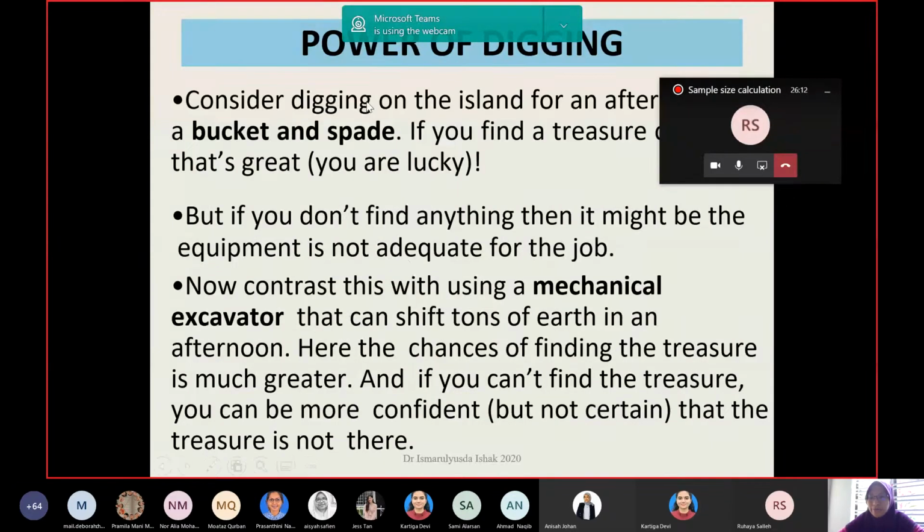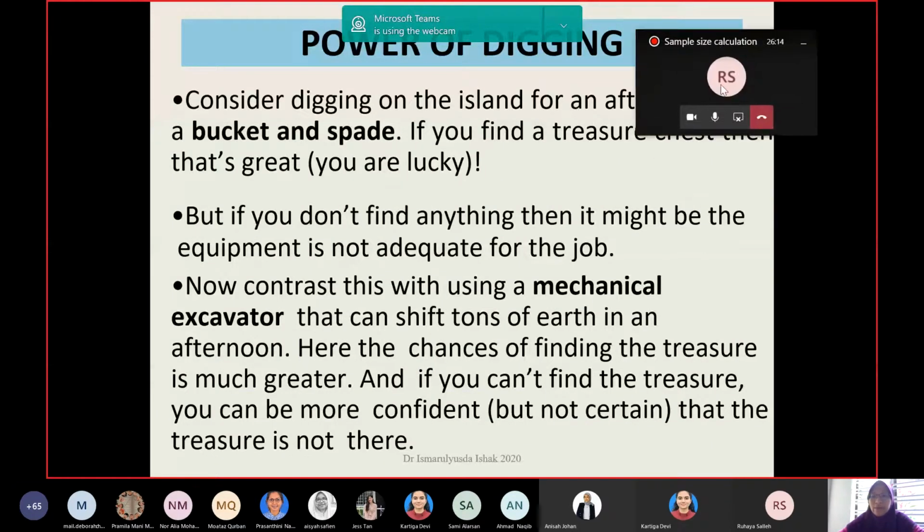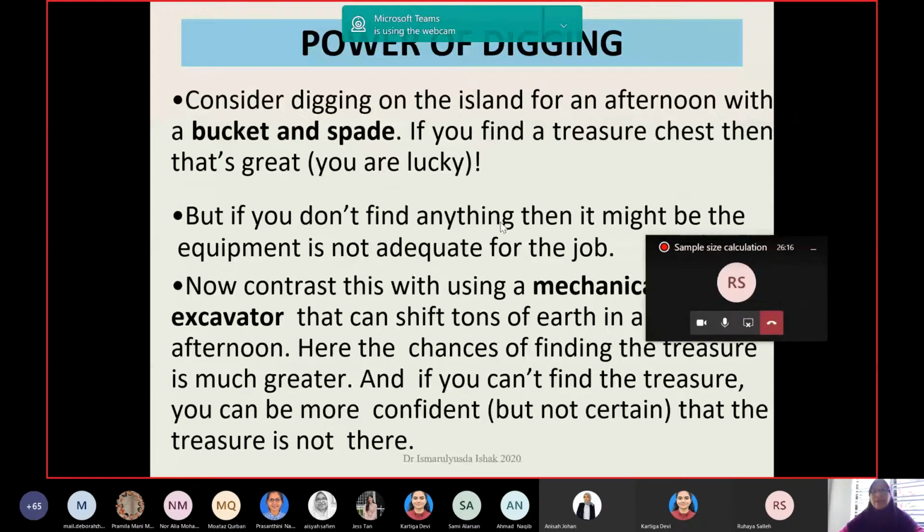Alright, so the power of digging. Consider you want to dig on an island for an afternoon with a bucket and spade only. If you find a treasure chest, then that's great. You are lucky, using only these instruments. But if you don't find it, it might be that the equipment is not adequate for the job.